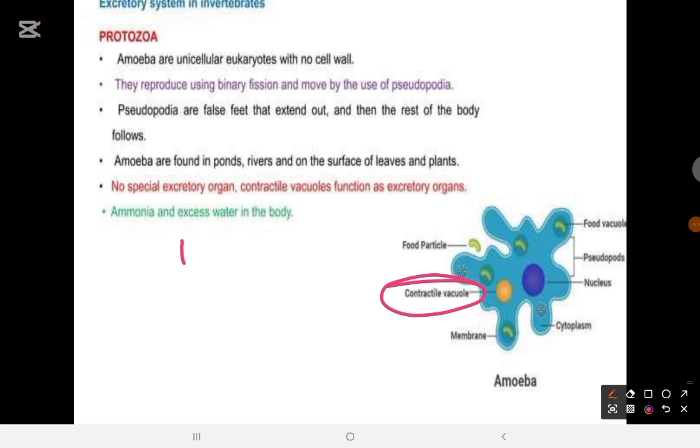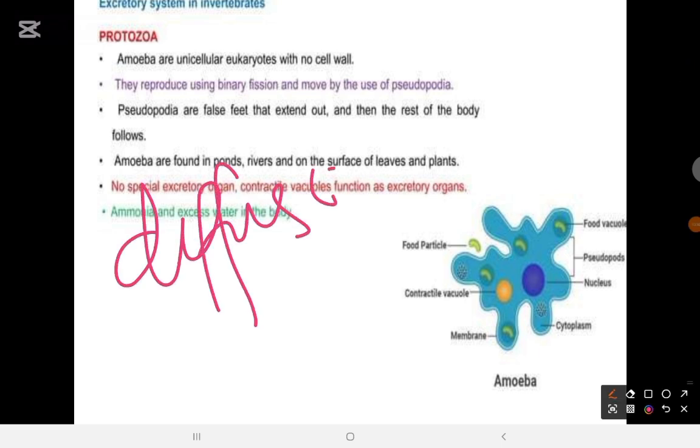All right. And sometimes the contractile vacuole can also help to push out dissolved waste along with the water, because the water is going to go out. So sometimes dissolved waste might go out with it. So, in short, diffusion handles gaseous and soluble waste.